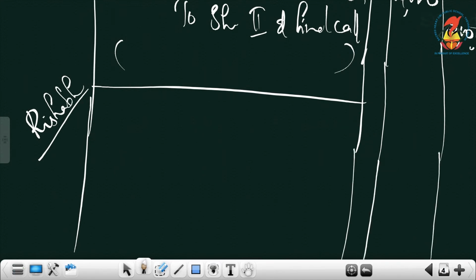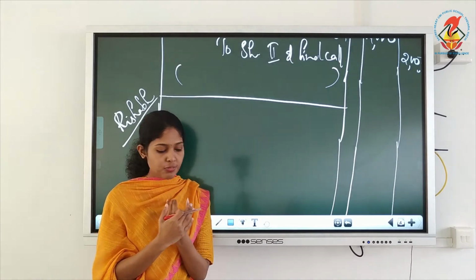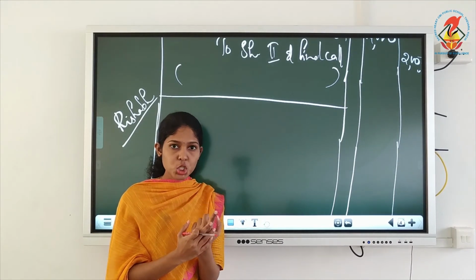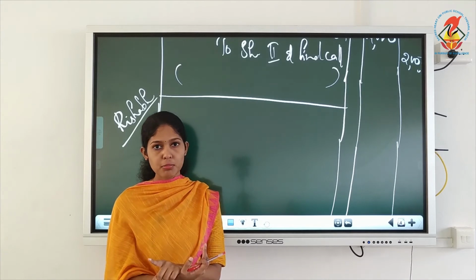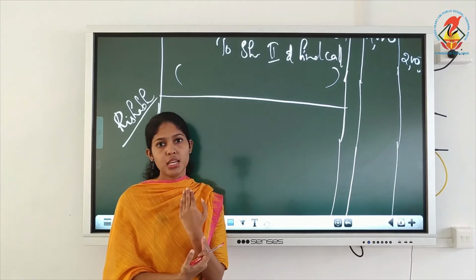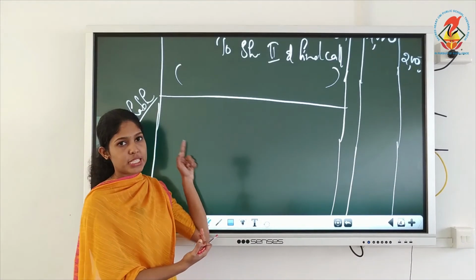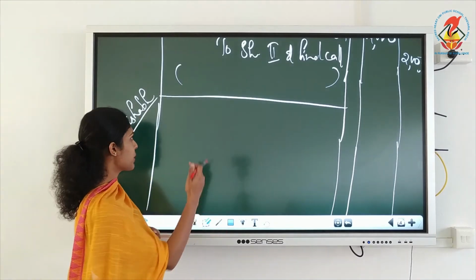Yes, and when you write a forfeiture entry always check whether premium is received or not. Did we receive premium in this particular question? Just read, Rishabh failed to pay allotment money, that means he hasn't paid premium. So if premium is not received, what are you supposed to do? Debit SPR, securities premium reserve.